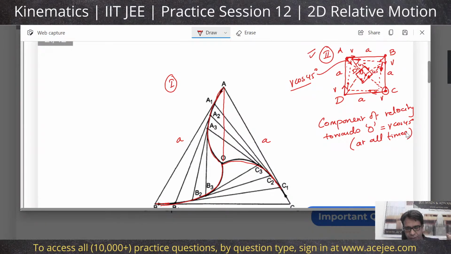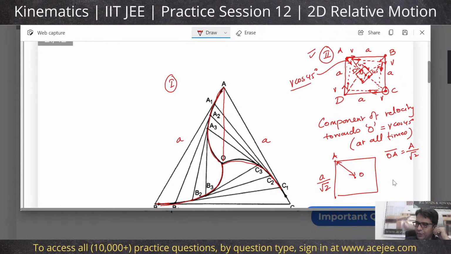So initially, they were at a distance of a by root 2. This is O, the distance of A from the center. This is a by root 2. Is that right? Check it, beta. OA is a by root 2. Yes, sir.